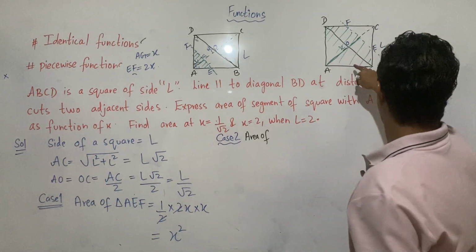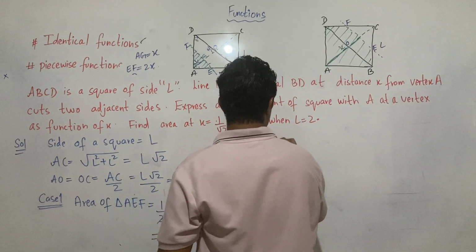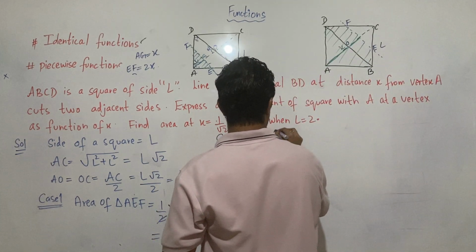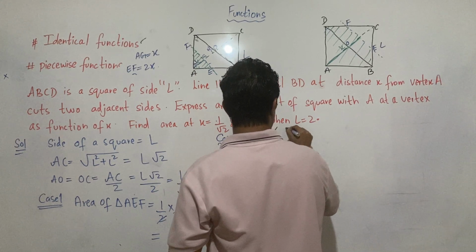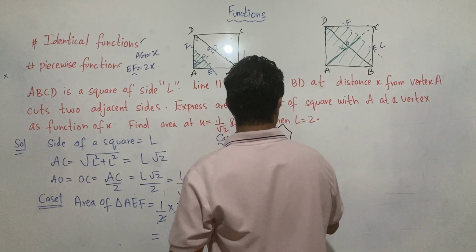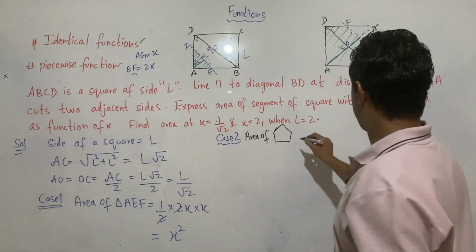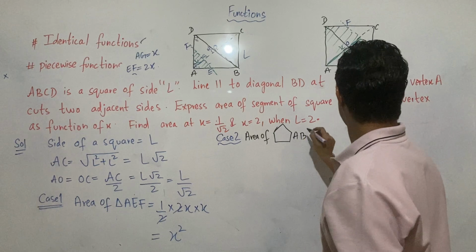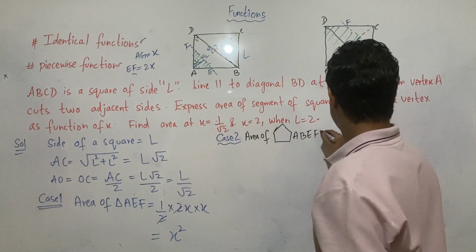How many sides? 1, 2, 3, 4, 5. Yes. So the pentagon is A, B, E, F, D.